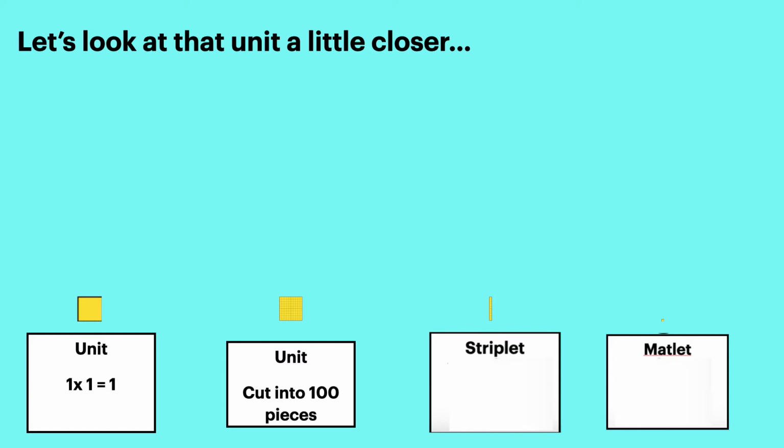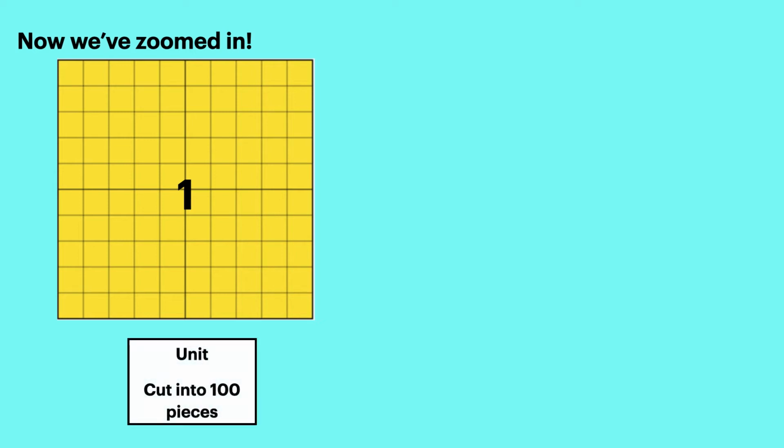Now let's zoom in because these are pretty tricky to look at when they're so tiny. What happens when we imagine that unit is bigger and we've zoomed in? Remember that this is the unit just made into a bigger size so we can look at it more closely. It's still worth 1. And we've just drawn lots of little lines on it to imagine that it's cut into 100 itty bitty pieces.